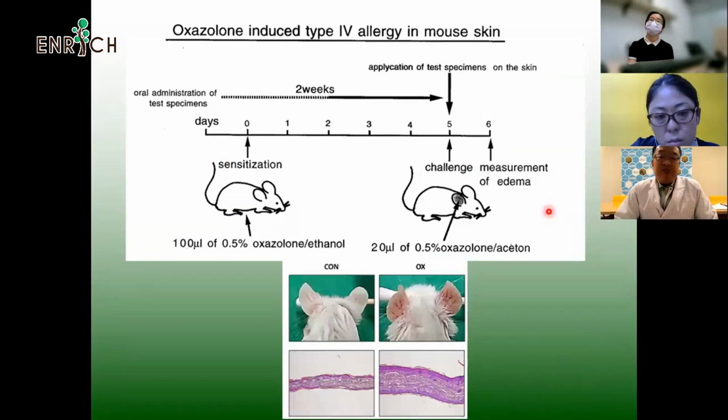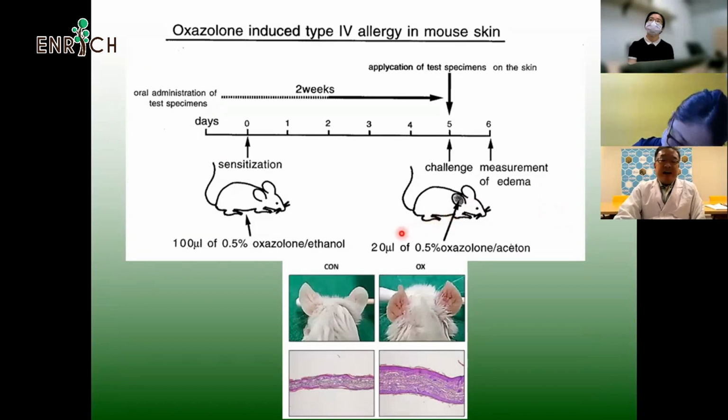We used a mouse type 4 allergic model and evaluated the effect of perilla extract. In this experiment, we topically applied oxazolone, which induces severe type 4 allergic reaction, to the mouse ear. As you can see, with type 4 allergic reaction, skin inflammation and thickness of epidermis can be found.